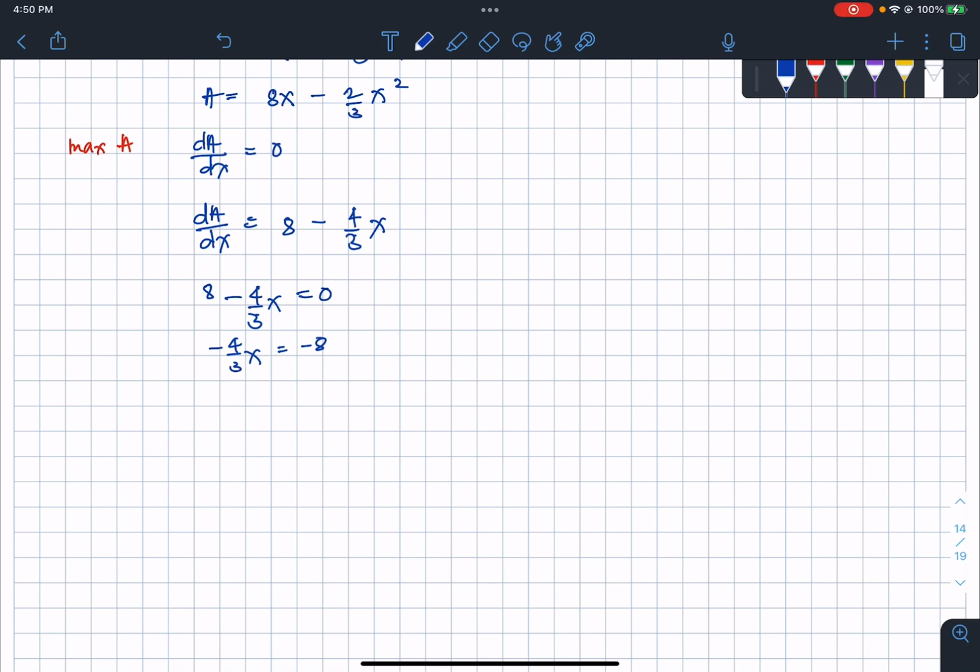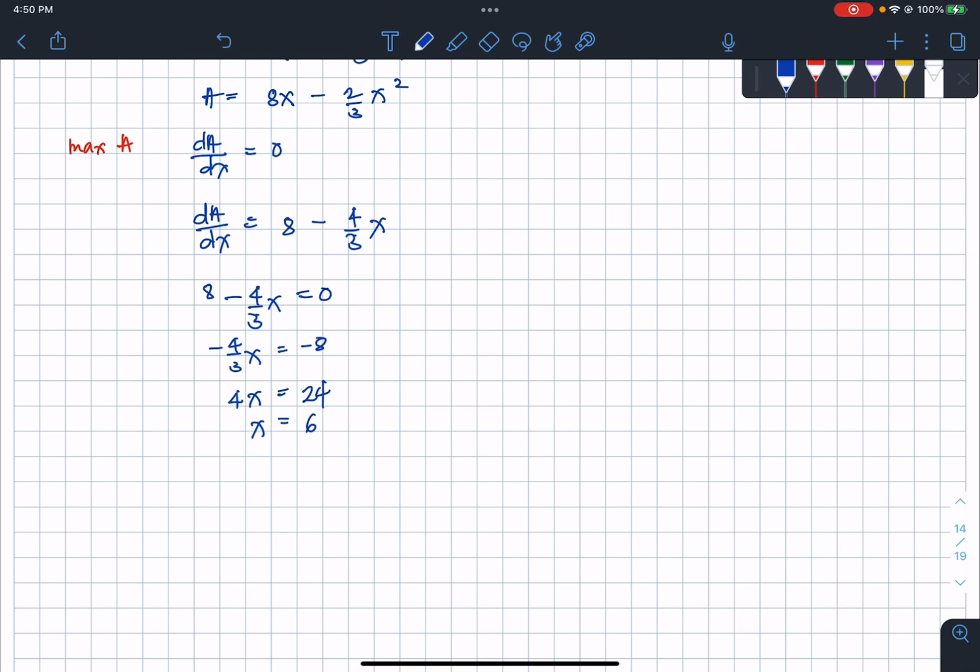Dividing both sides by negative 1, we'll just have 4x equal to 3 times 8, which is 24, and x will then be equal to 6.